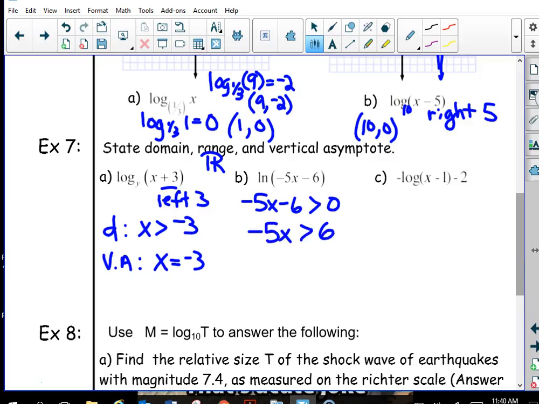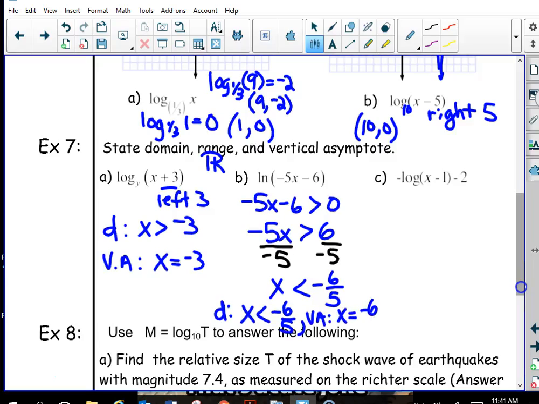Now, when I'm dividing by negative 5, I must remember to change the direction of my inequality, or I'm going to get this wrong. x is less than negative 6/5. All right, so that means my whole graph is going to go to the left of negative 6/5. So for my domain, x has to be less than negative 6/5. And for my vertical asymptote, x is equal to negative 6/5.